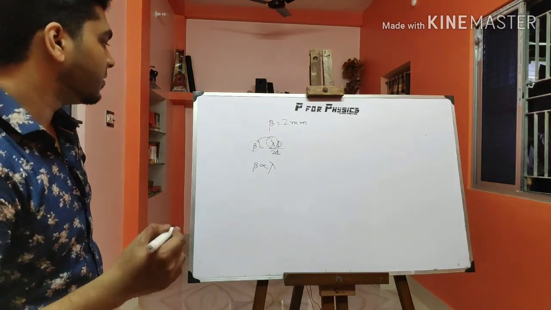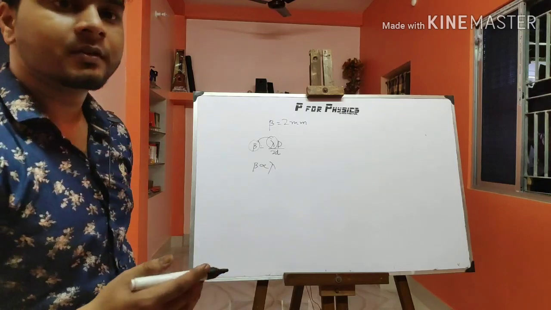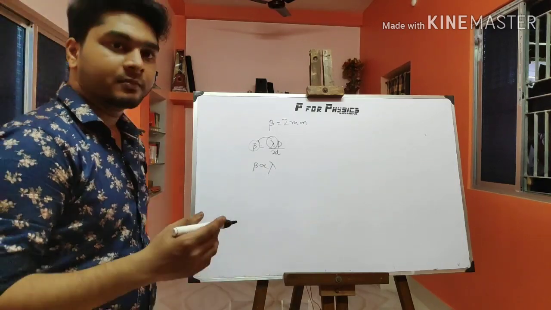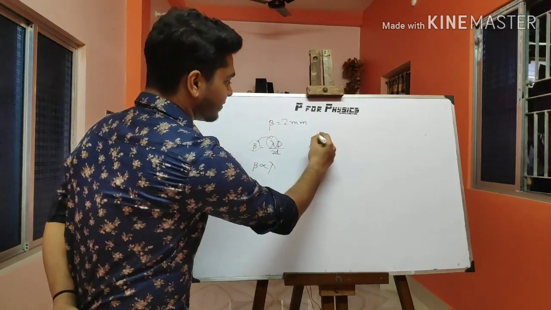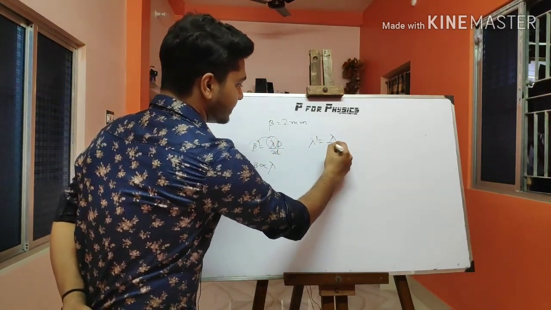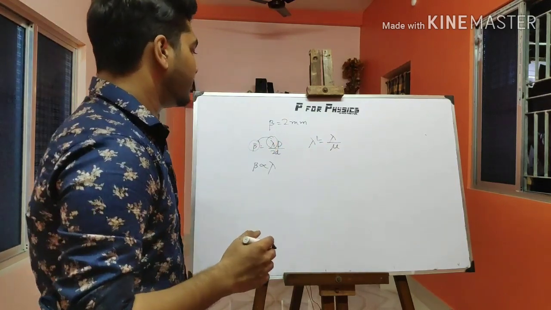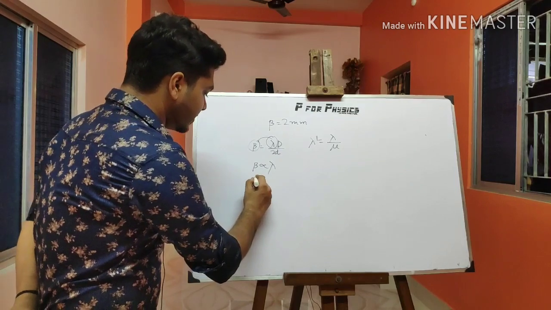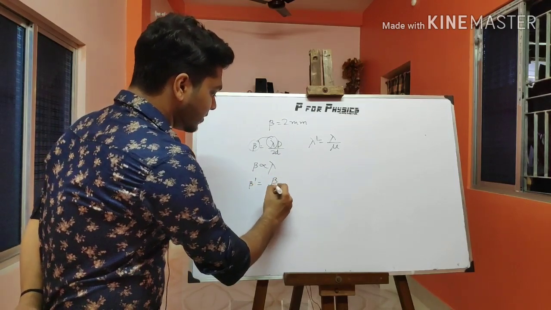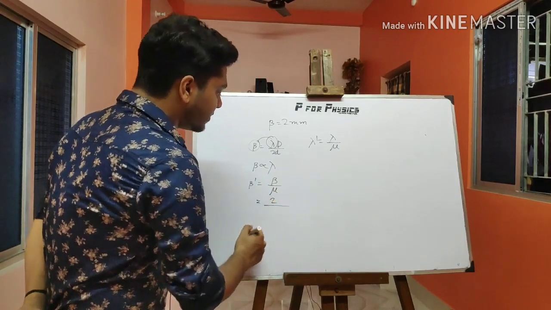And now what happens to lambda when we put it inside any other medium except for air? So we know that lambda dash is given by lambda by mu, where mu is the refractive index of that medium. So since beta is proportional to lambda, we can write beta dash equals beta by mu, and that's it. Just put the values.